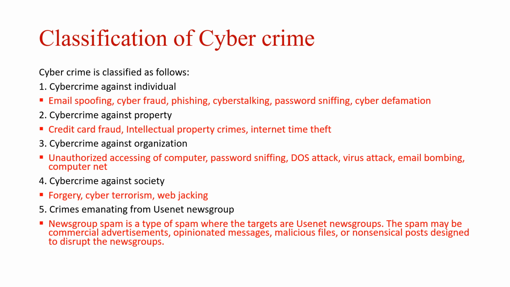Cybercrime against property is the second category of cybercrime, where the examples are credit card fraud, intellectual property crimes, and internet time theft. There are different types of credit card fraud. These days, attackers use traditional methods as well as online methods, such as the triangulation method. They run a honey trap to gather the details of our credit card, and then exploit and misuse it.